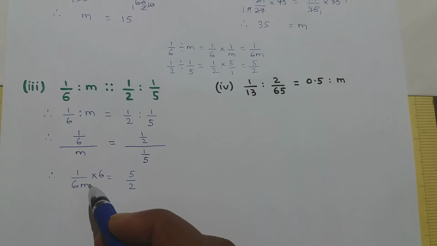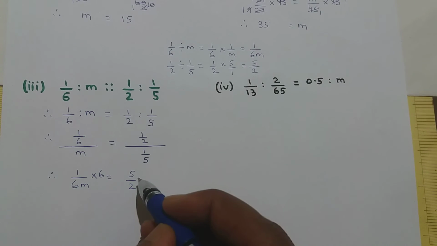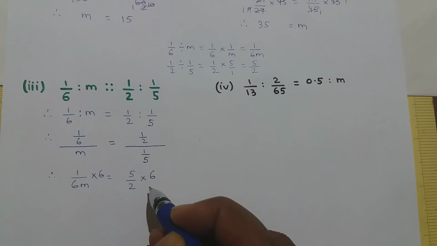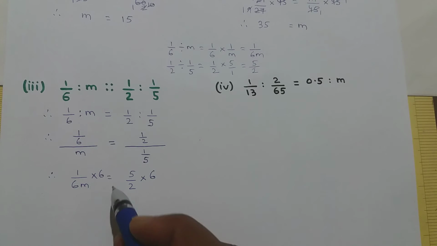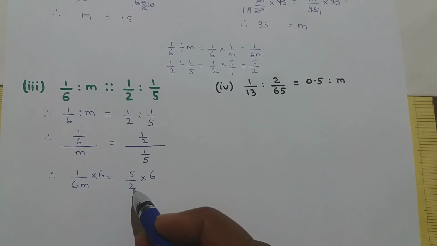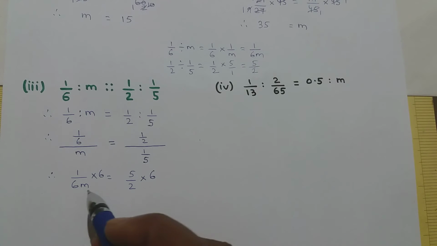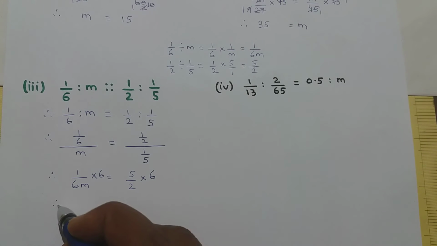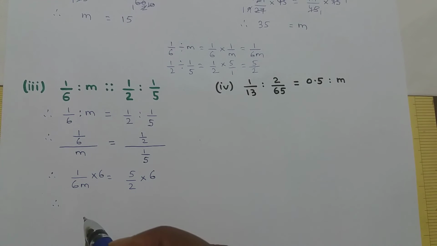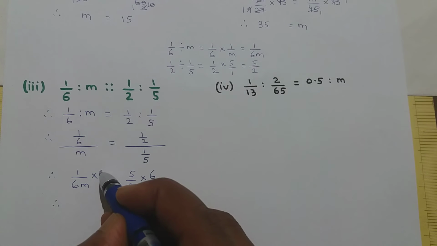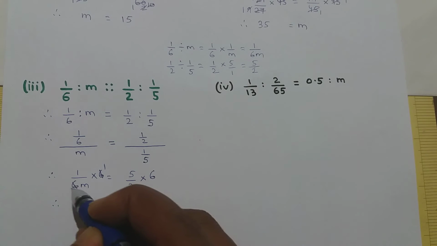Since I am multiplying the left hand side of the equation with 6, I will have to multiply the right hand side of the equation also with 6. So it becomes 1 upon 6m into 6, equal to 5 upon 2 into 6. Let us simplify the left hand side first. 6 ones are 6, 6 ones are 6.